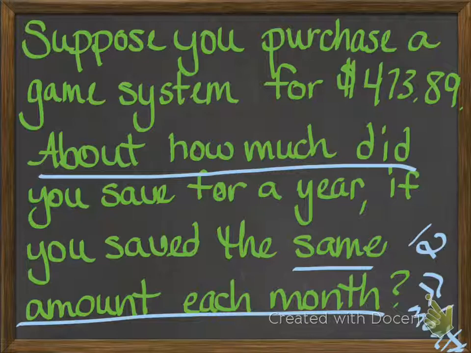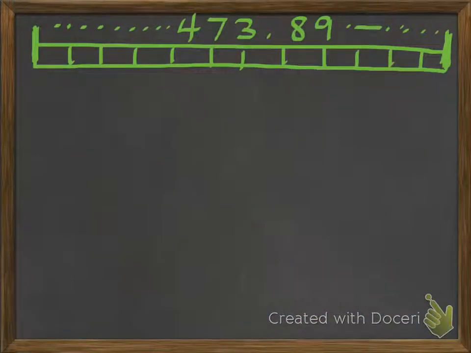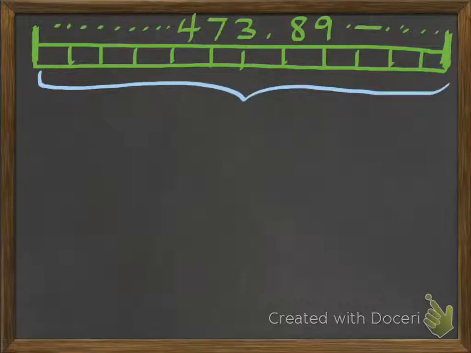The important information we have is the total amount that you'd have to save, $473.89. We know that it's 12 months. So if I were going to draw this problem out, let's say this is the amount of money you'd have to save, $473.89, and I could break it into 12 different sections and show the problem with a picture that way.